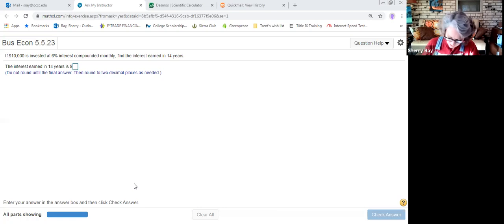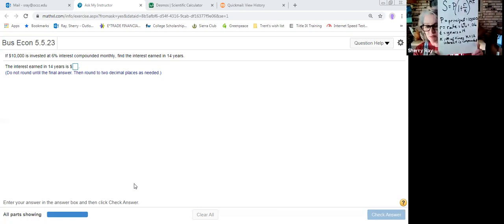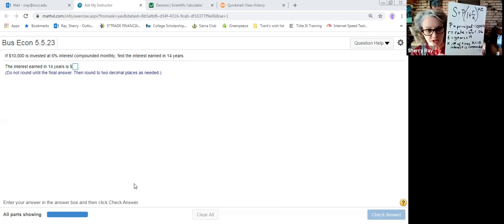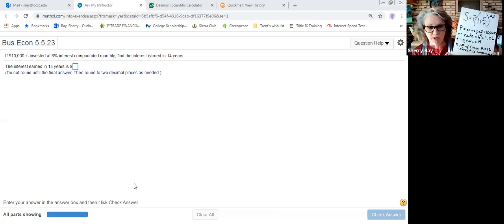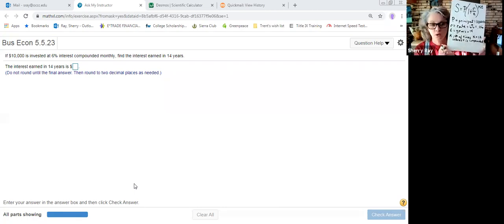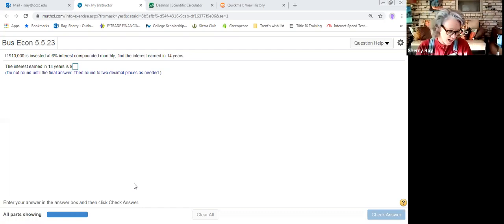Interest is compounded monthly, so K is going to equal 12. So what I did right here is I'm just plugging in the amounts that my problem tells me to. What I need to do is first figure out what my balance is, and then figure out how much interest I have.